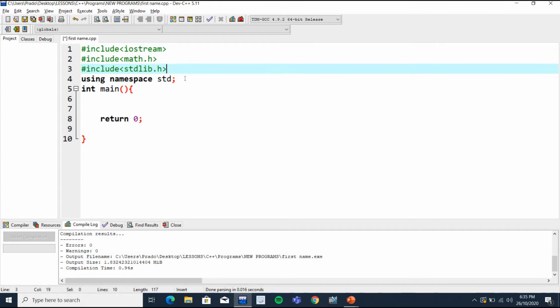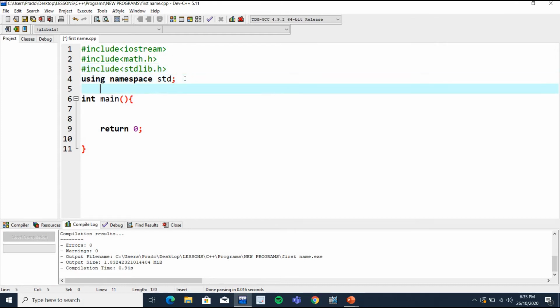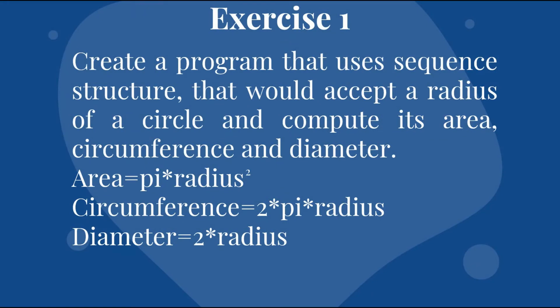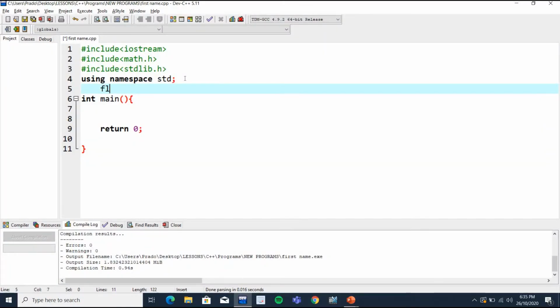So, ayan. And then, we will set the variables radius, circumference, diameter, and area. So, we will use the float para if ever na may mga decimals po na sagot is mapalabas po natin. So, float radius, or r na lang para hindi masyadong mahaba.